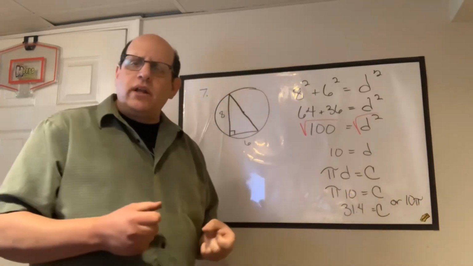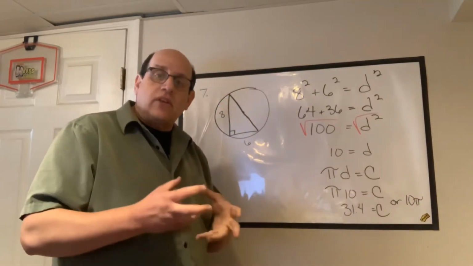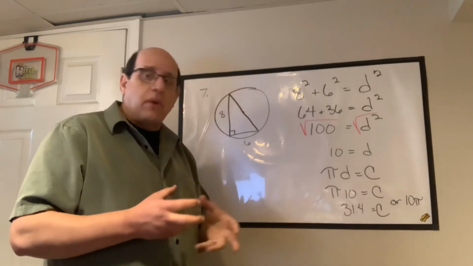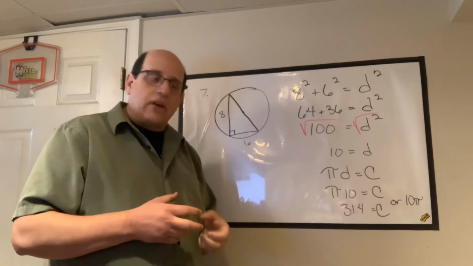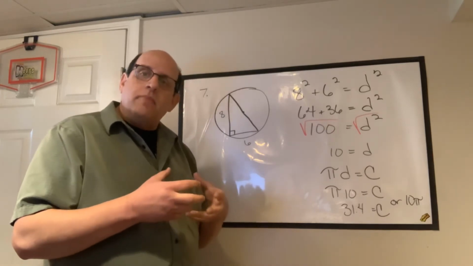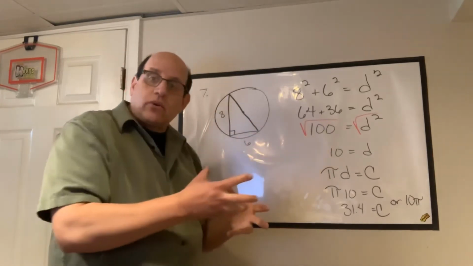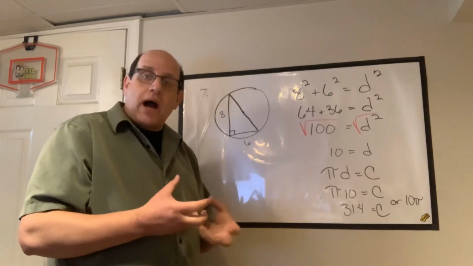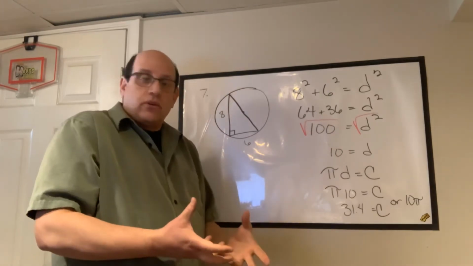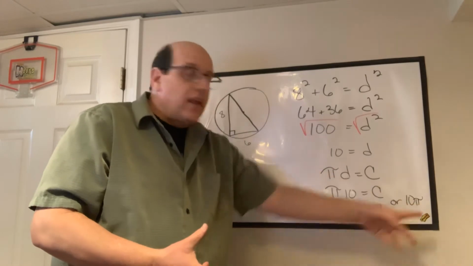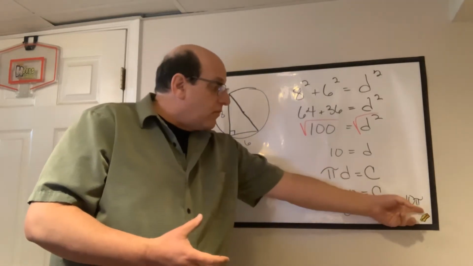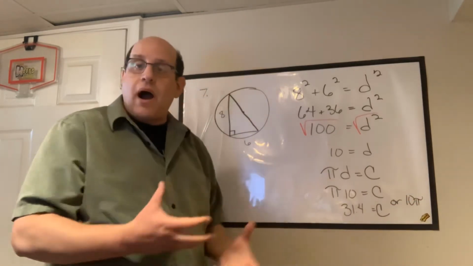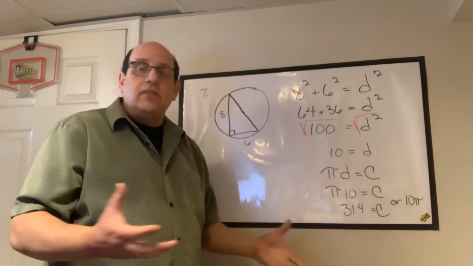And later on in your science classes, when you're using pi and talking about circles, and later on in trig class when you're talking about something going around a circle, you can use pi as your answer. Pi is a perfectly valid listing of a number. So this circumference is actually 10 pi, and that's it.